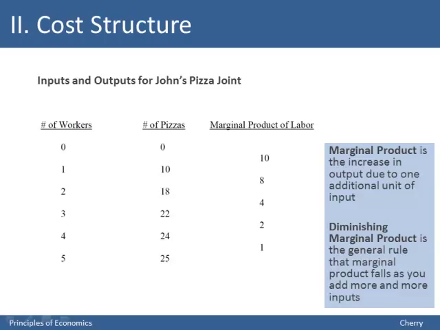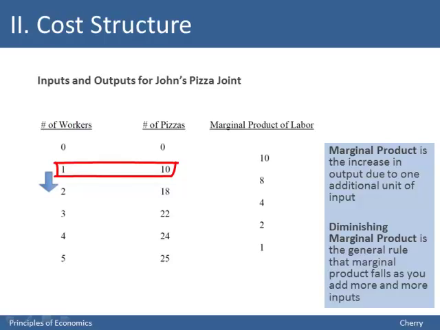And what we introduce here is something called marginal product of labor. And that's the increase in output due to one additional unit of input. So going from 1 worker to 2 workers, you've added 1 worker. What does that do to output? Looking at these numbers, we see, well, with one worker, we could produce 10 pizzas.